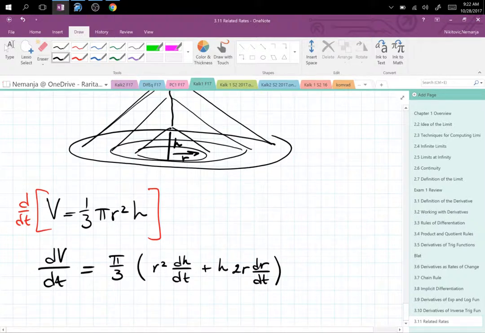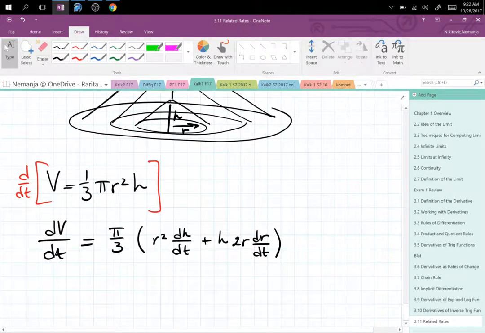So now we see that we have the change in volume, change in height, and change in radius. What you get in this equation must reflect physical reality. Otherwise, the model is garbage. You have to have change in radius and change in height, because they are both changing in time, and obviously change in volume, which is dV/dt, because the volume grows in time.